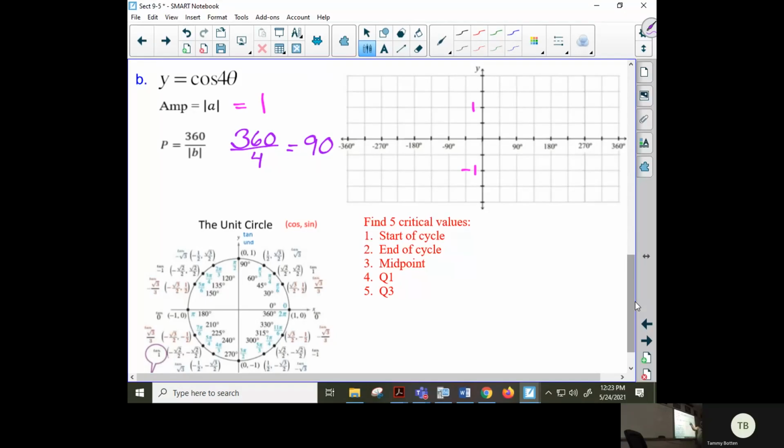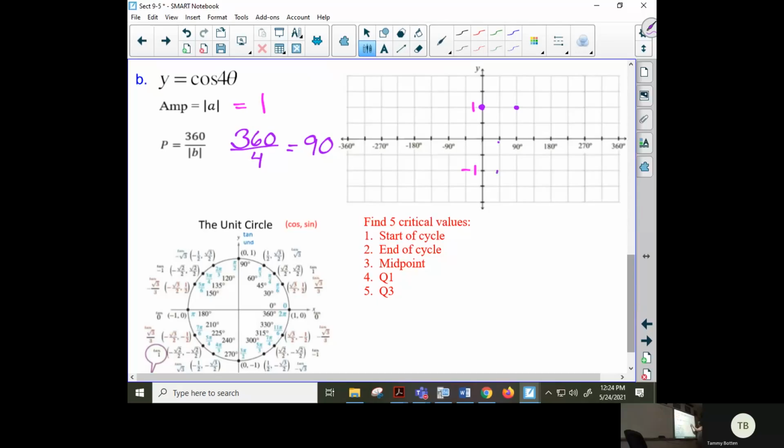Okay? So when you start out at 0, does cosine start up at 1 or does it start at 0? It starts up at 1, cosine does. Now, the whole thing has to be done by 90 degrees. So where would 90 be? Doesn't cosine go down and back up? So do you guys get that it would be back up there? Okay. And then halfway in between here, where do you think our point would be?